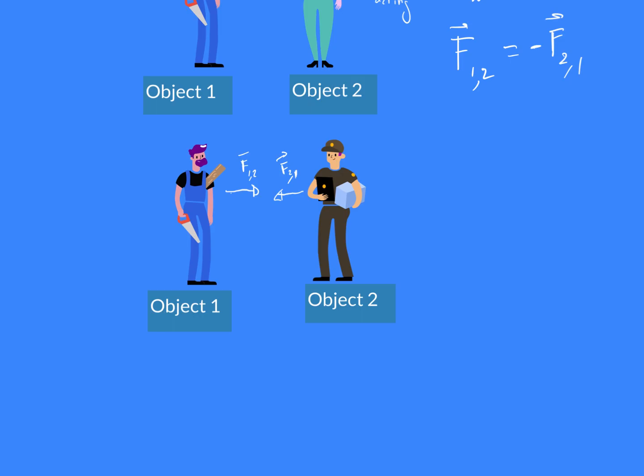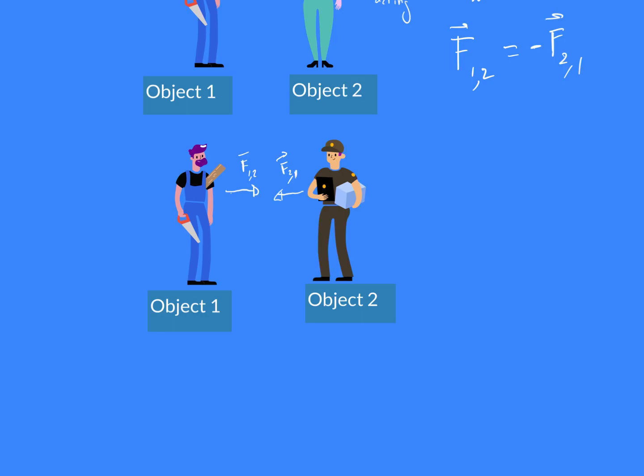It's important to realize that the force acting on 1 is on 1, and the force acting on 2 is on 2. So they are not the same force applied to the same body. They are being applied to different bodies.